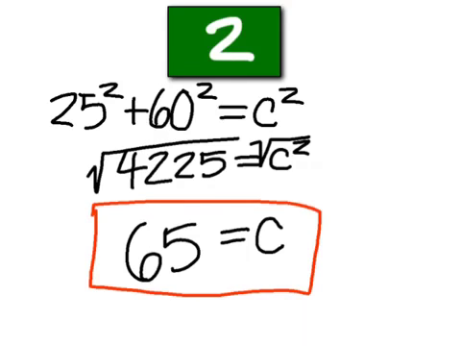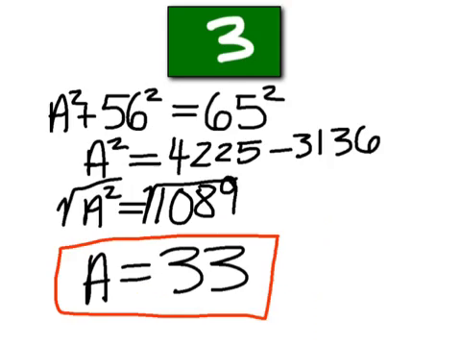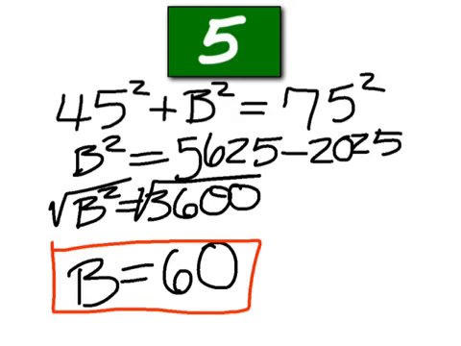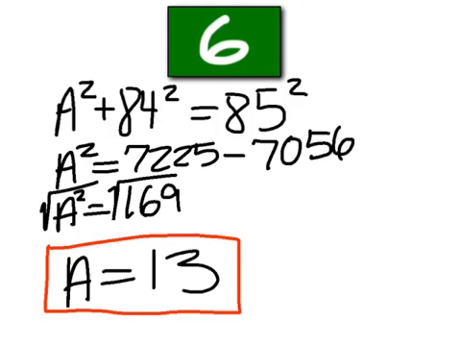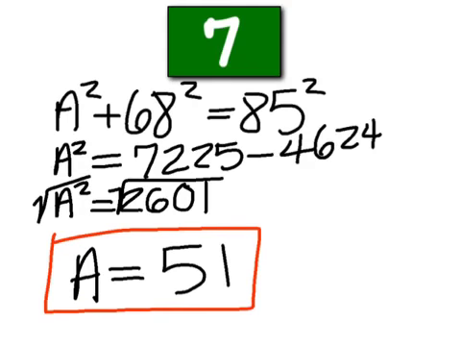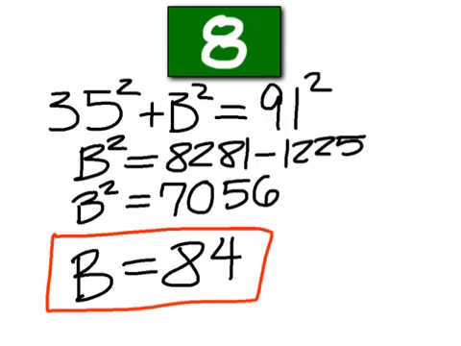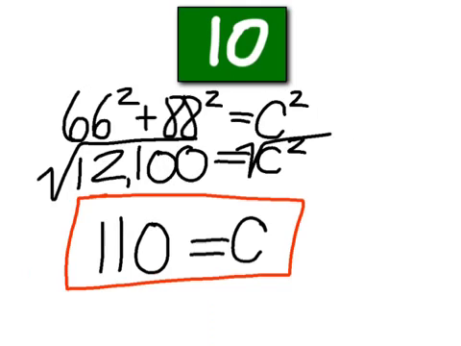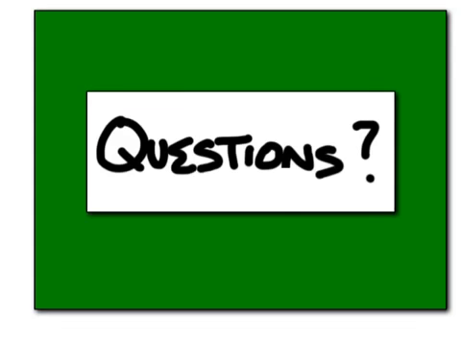Number 2 should be 65. 3 should be 33. 4 should be 39. 5 should be 60. 6 should be 13. 7 should be 51. 8 should be 84. 9 should be 28. And 10 should be 110.